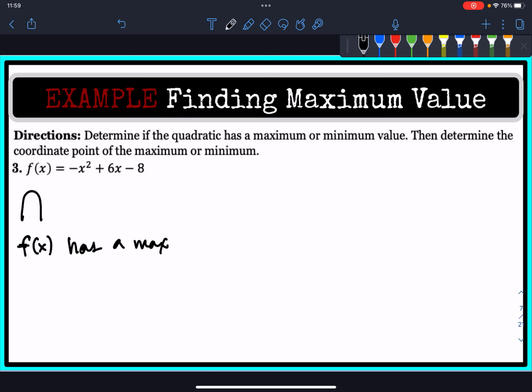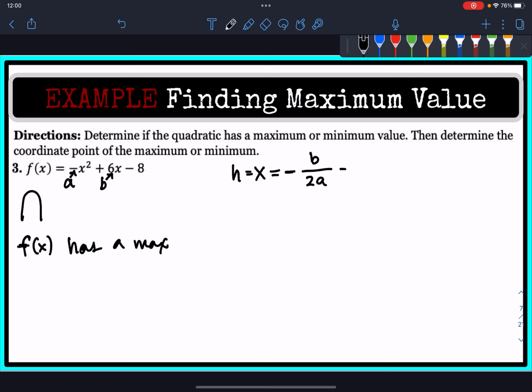We do that by first figuring out the x coordinate of our vertex, which again is the h, by using this formula. So we get the negative value of b divided by 2a, where the value of a is negative 1 and the value of b is positive 6.